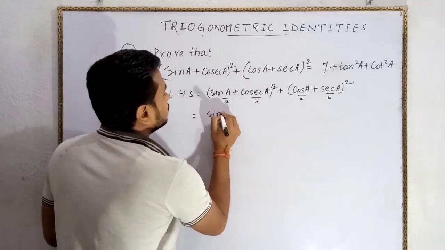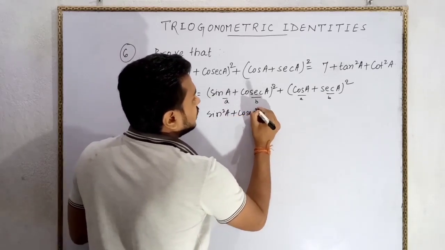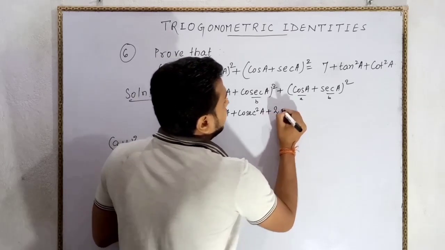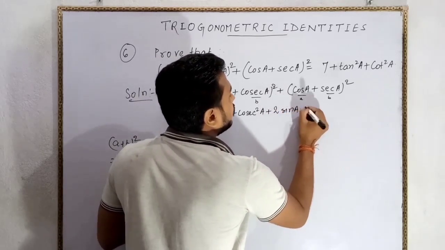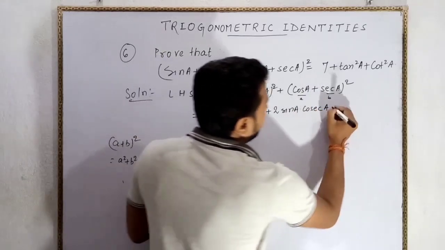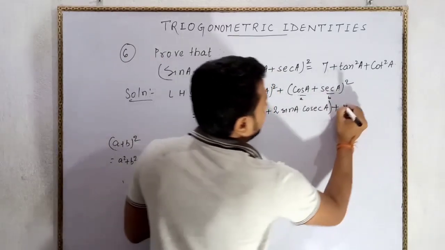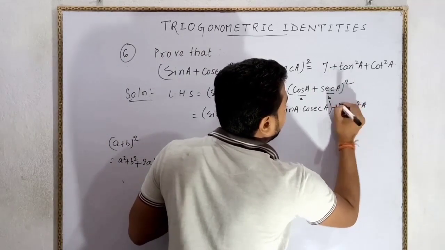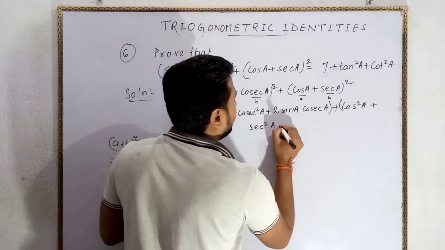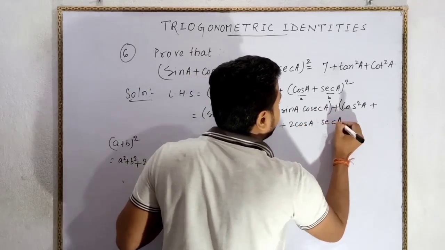Split it as sin square A plus cosec square A plus 2 sin A into cosec A, plus cos square A plus sec square A plus 2 cos A into sec A.